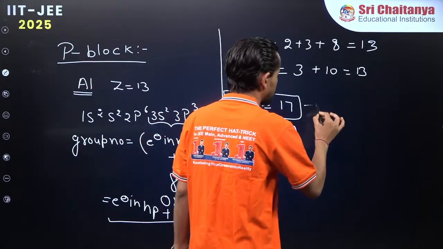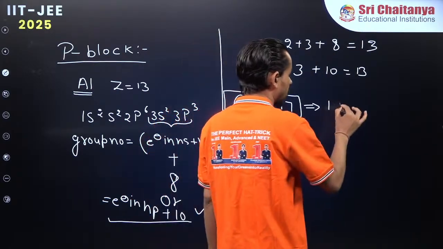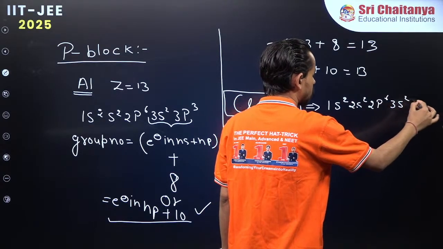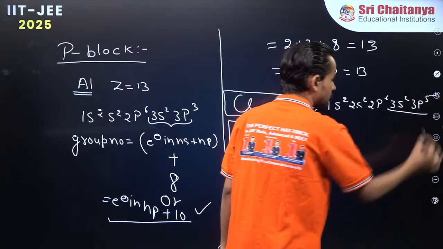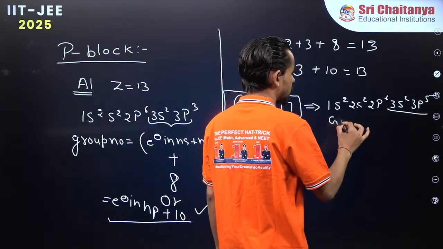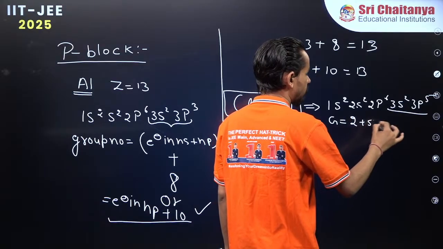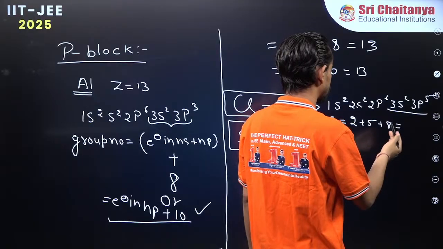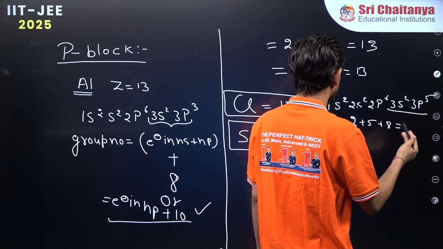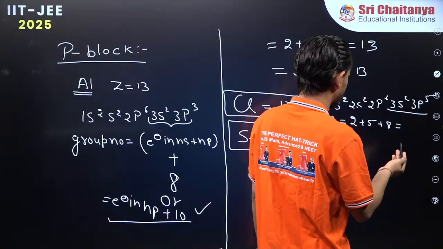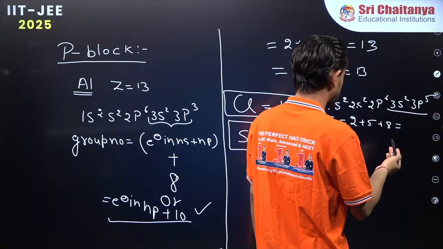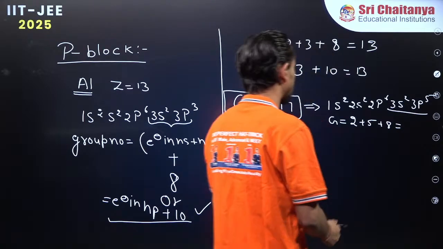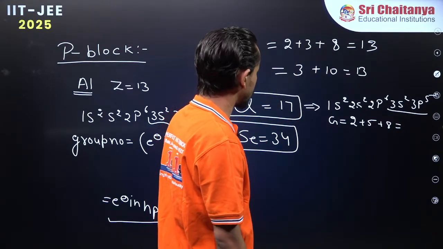First of all, check whether they are p block or not. 1s2, 2s2, 2p6, 3s2, 3p5. So s and p total, group number is 2 plus 5 plus 8. Wait, something we have missed, I think.